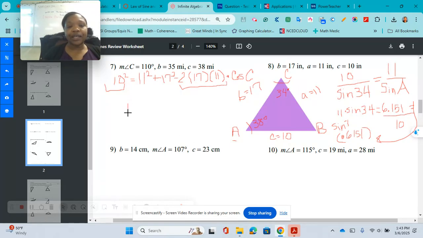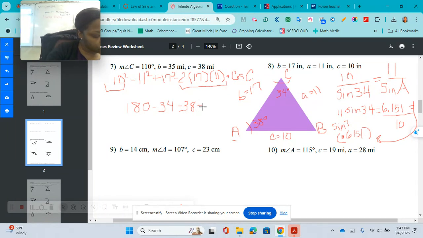So 180 minus 34 minus 38 equals. Okay, what is the angle on the bottom? 108.